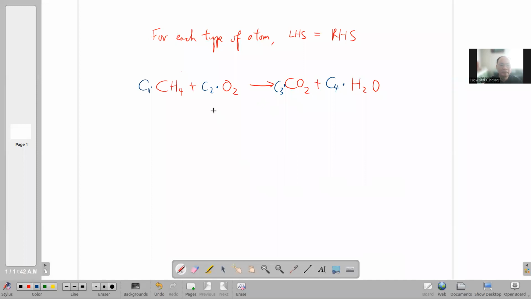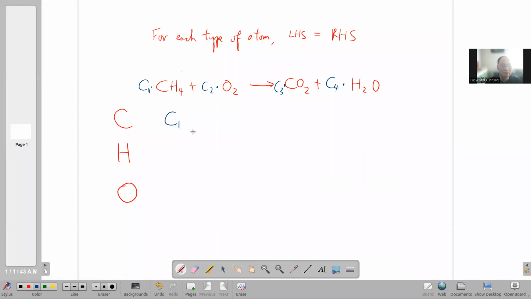Okay. So now, how many different atoms do we have? Let me switch back to red. We have carbon, hydrogen, and oxygen. And we look at how much each of the components contributes to this. If you're looking at carbon, however many of the first molecule you have, you contribute C1 of them.